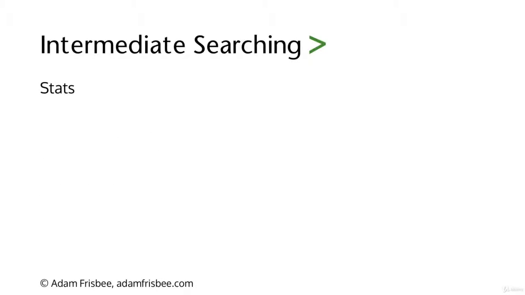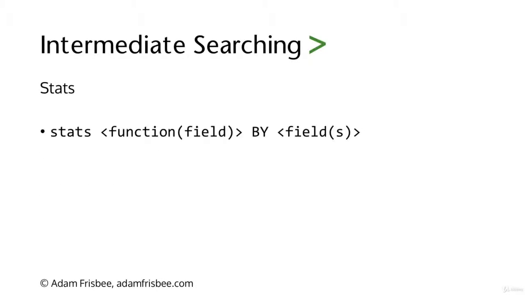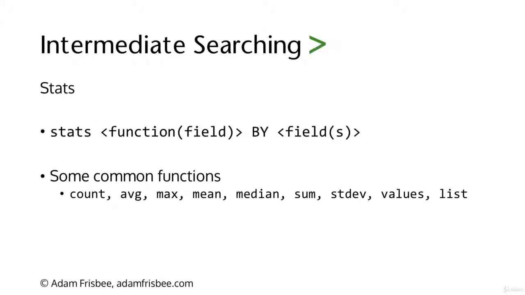Stats is an equally important command to understand. It has a more complicated syntax, but it's still quite easy. The syntax is simply stats and then a function, and in parentheses the field you want to do that function on, and then the word by, and then the field you want to organize it by. Examples of some functions: count, average, max, mean, median, things you would normally use.